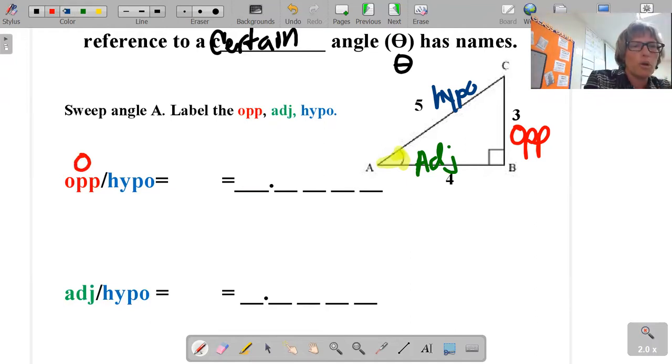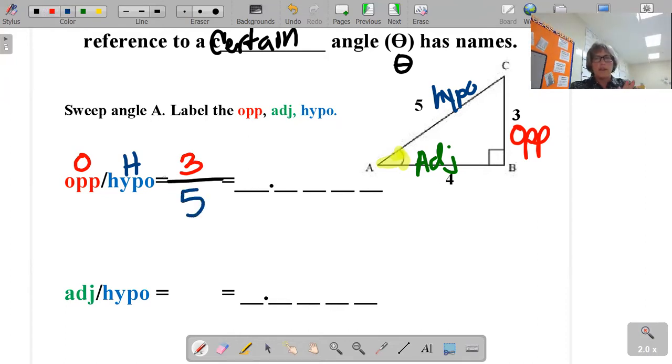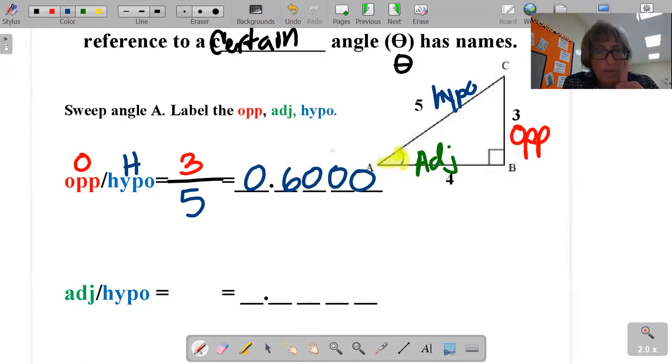Notice it's O and H. There's a reason why I'm putting an OH there. In this case, our opposite is 3, and our hypo is 5. If you take $1 and divide by 5, it's 20 cents. So then you count 3 of them, 20, 40, 60. So one of the ratios is opposite over hypo, and in this case, it would be 0.6.